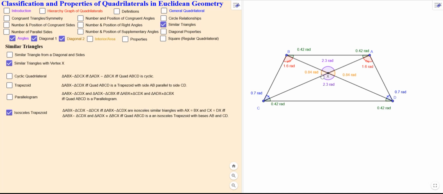But when we go across here, AXB and DXC are similar triangles, and they're both isosceles. So you could either say ABX or BAX, and you could say CDX or DCX, either way you want to say it. But those aren't necessarily congruent. Okay.